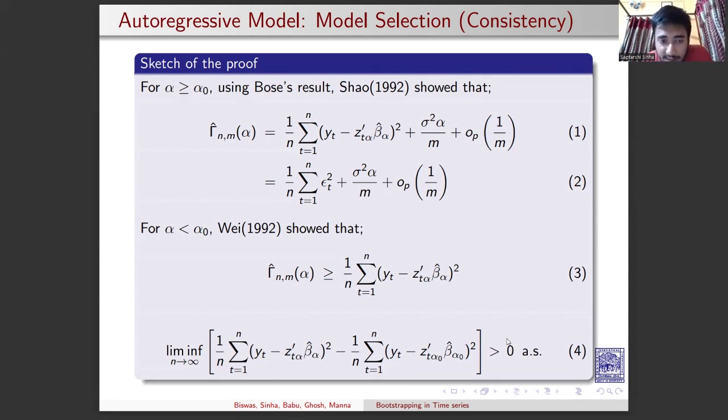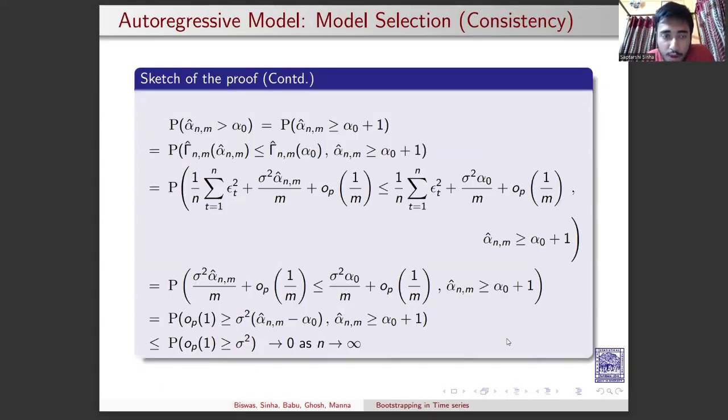And for alpha less than alpha_0, he showed that gamma hat_{n,m}(alpha) is greater than or equal to the RSS with respect to beta hat alpha, and also the limit of the difference of the RSS with respect to beta hat alpha and beta hat alpha_0 is greater than 0 almost surely.